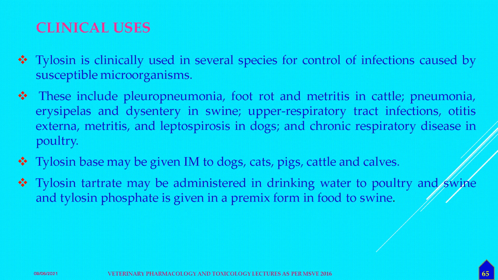So tylosin tartrate is available as a yellow crystalline powder, and it will be administered in drinking water to poultry and swine. And tylosin phosphate is given in a premix form, especially mixed in the food and may be served to swine.